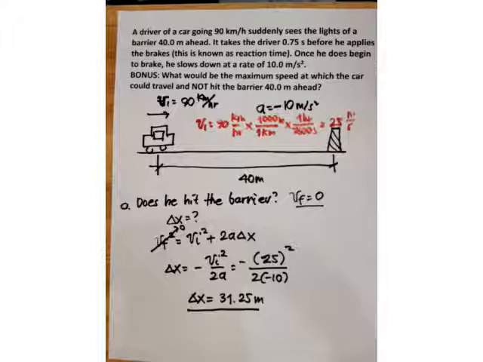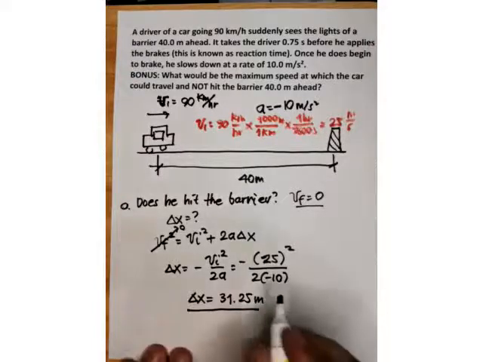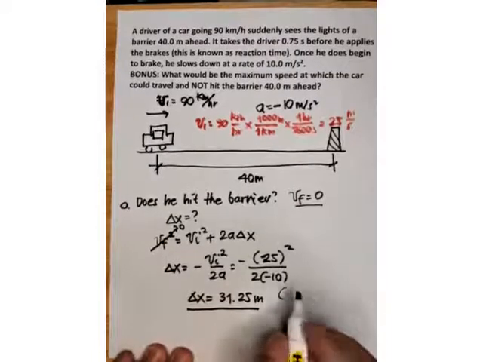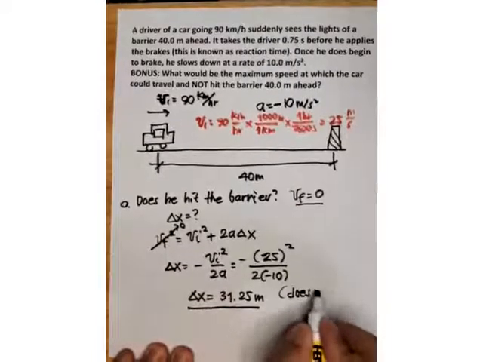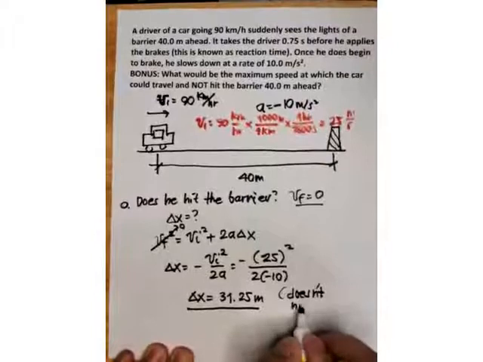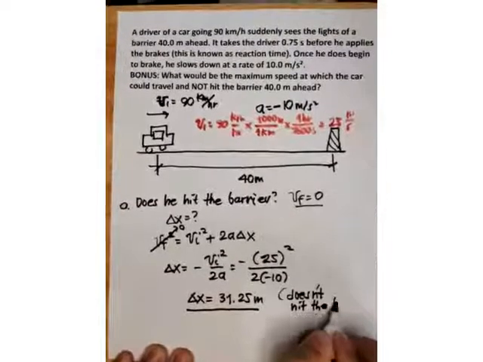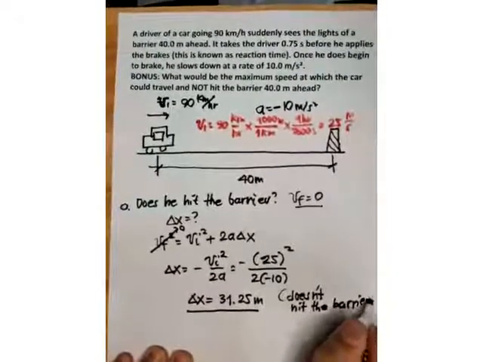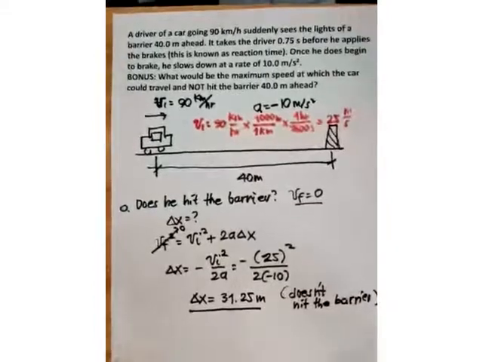Okay, so does he hit the barrier or not? Hindi po. Not po. Okay, Shane said that's not. Okay, so does not hit the barrier. Ayan. Kasi it's less than 40.